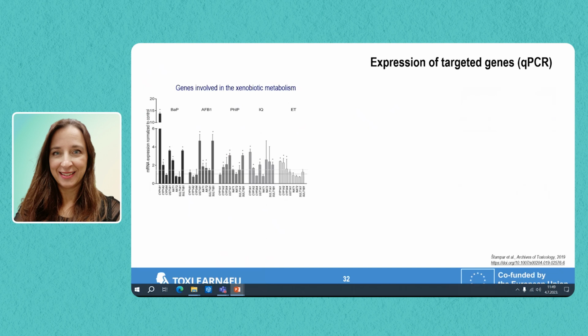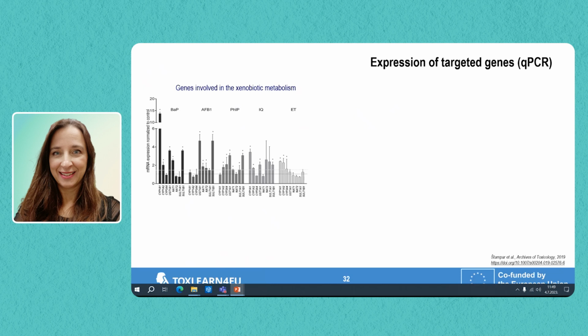Okay, so in this system, after the treatment of spheroids, we also tested some genes that are involved in metabolism. As you can see, again, we will not go into details, but just to show you that cytochromes and also sulfotransferases and acetyltransferases were upregulated in the systems, particularly in FIP and IQ.